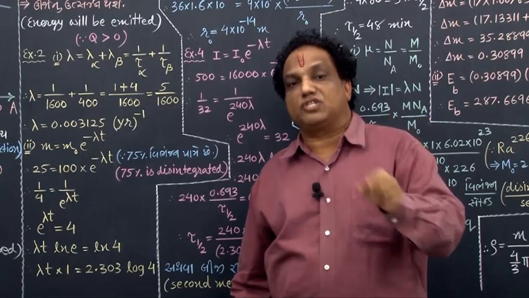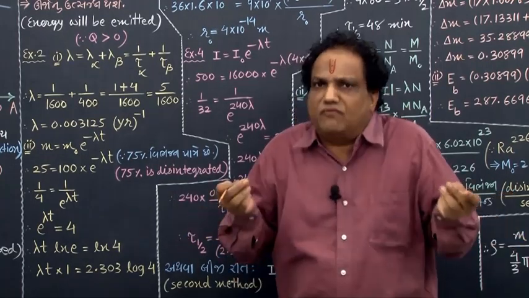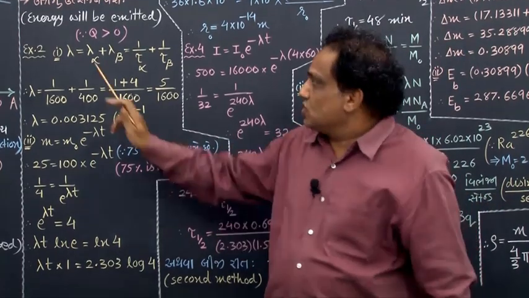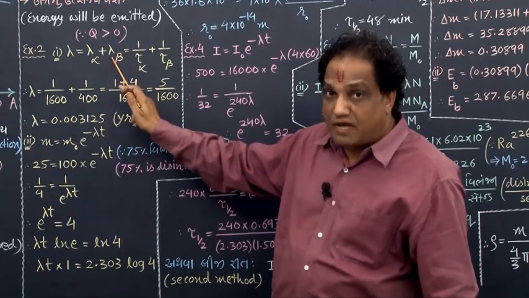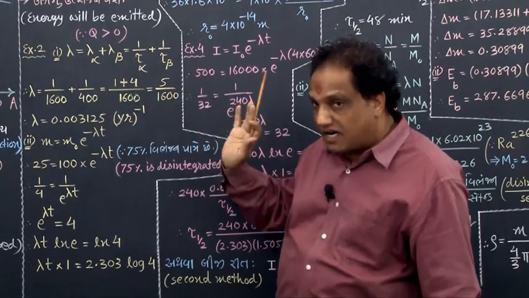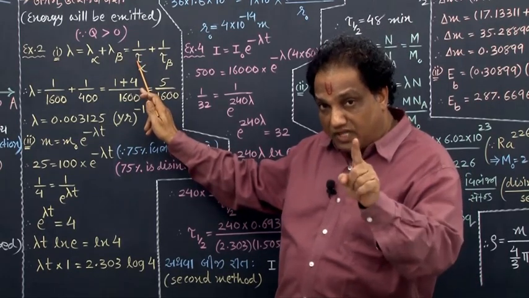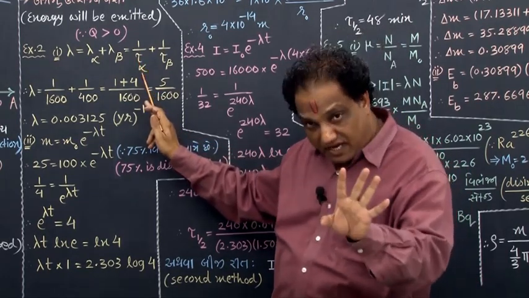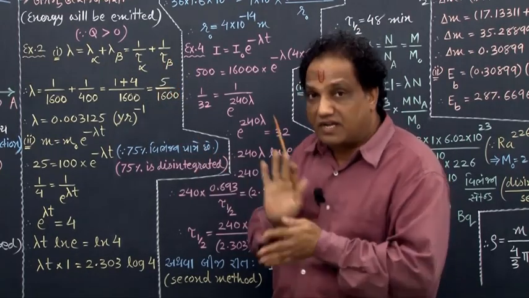The formula of average life is tau equals 1 upon lambda. If tau equals 1 upon lambda, then lambda is 1 upon tau. So lambda alpha I can write as 1 upon tau alpha, plus lambda beta as 1 upon tau beta. You know what tau alpha is? It is the average life during the emission of only alpha particles.